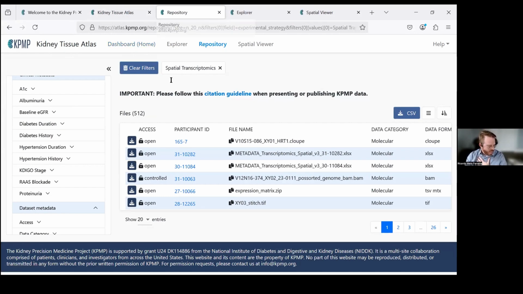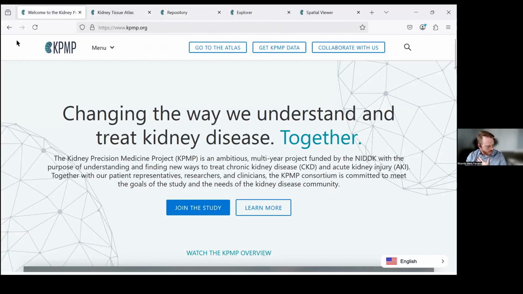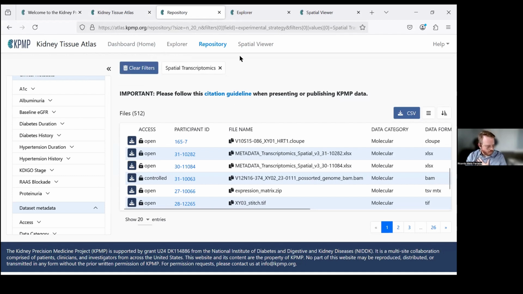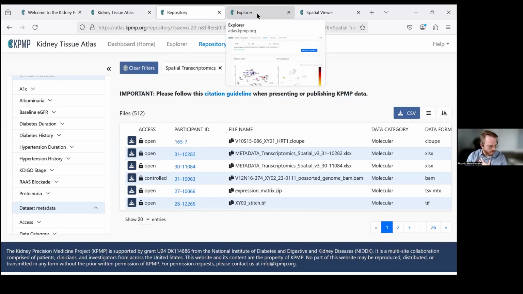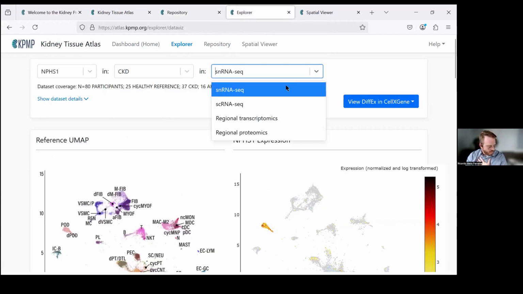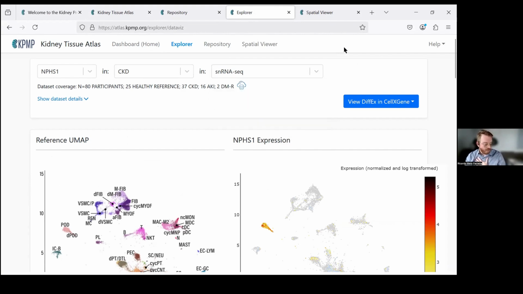But essentially, you can go to kpmp.org and then go to the atlas, atlas.kpmp.org. There are these three big buttons. The repository, where you can download individual samples. Going back to the previous question, you can download all the samples that I used in this manuscript. And then on the Explorer, you can look at single nucleus, regional transcriptomics, and regional proteomics to identify a particular gene or protein of interest.